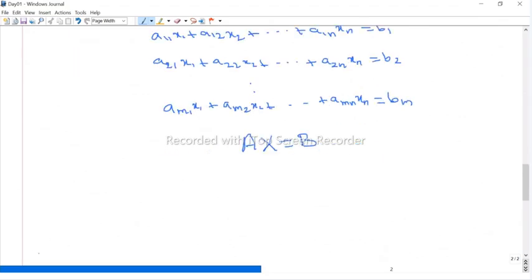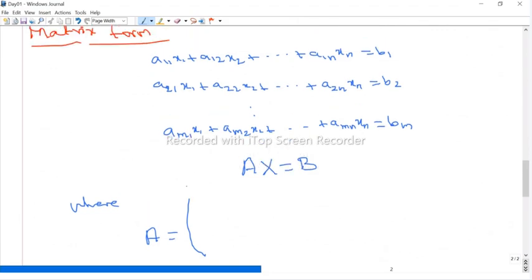What is A, what is X, and what is B? A is the matrix where the first row is the coefficients of the first equation: a11 is the first coefficient, a12 is the coefficient of x2, and so on, a1n is the coefficient of xn.